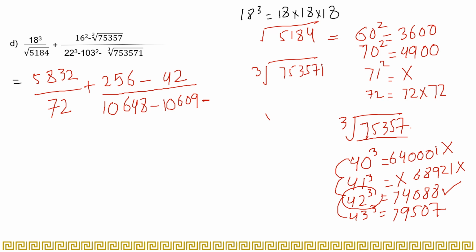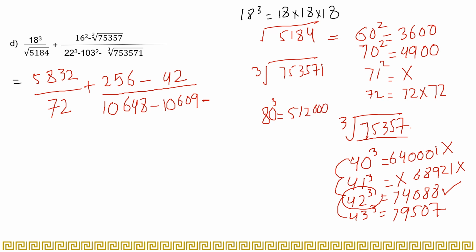75357. Now this is a much larger number, so you need to try a greater number for this. You can try 60, but 60 is also a lesser number. You can try 80. When you solve 80 cube, it will give you 512000, right?